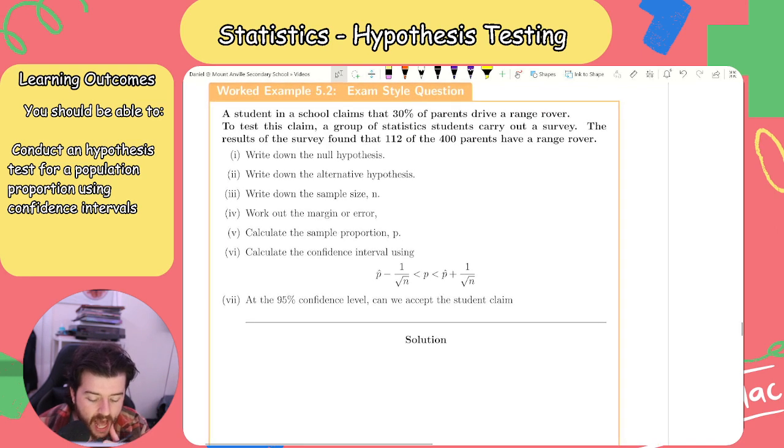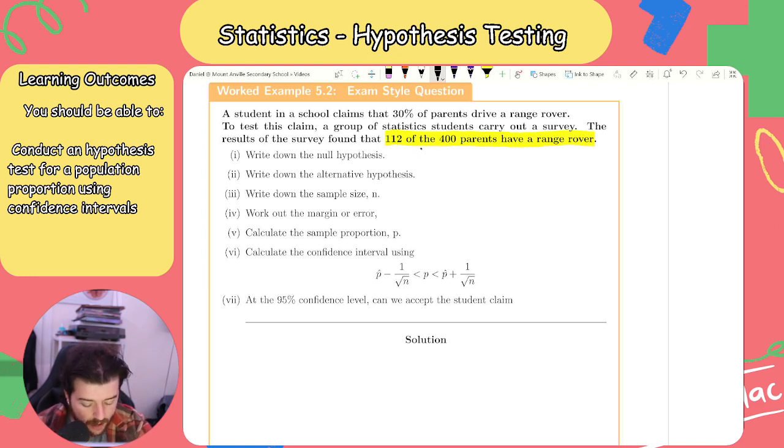A student in a school claims 30% of parents drive a Range Rover. To test this claim, a group of statistics students carry out a survey. The results of the survey found 112 of 400 parents have a Range Rover and they've driven it to school. Write down the null hypothesis.